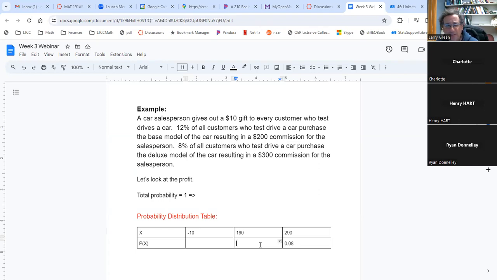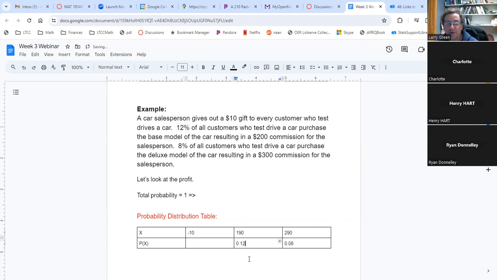Okay, 0.08 was the probability of 290. That was the $300 commission. The 190 is the $200 commission. What's the probability of a $200 commission happening? Because that's $190 profit. And what is that probability? It's in the question. Yeah, that's going to be the 12%, but we need to turn it to a decimal, and that's 0.12.